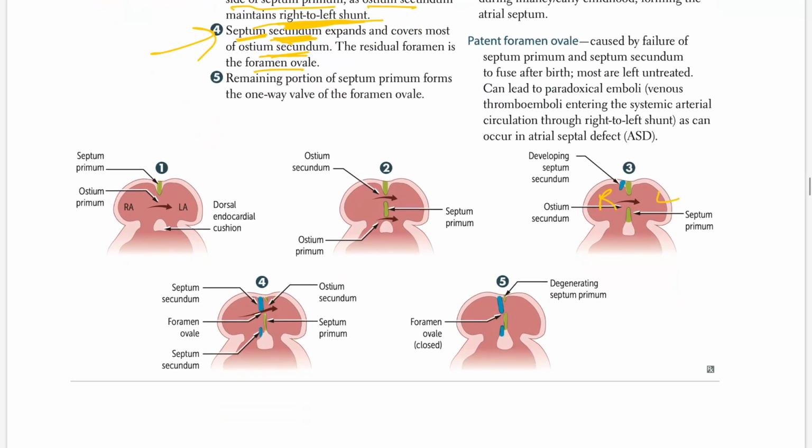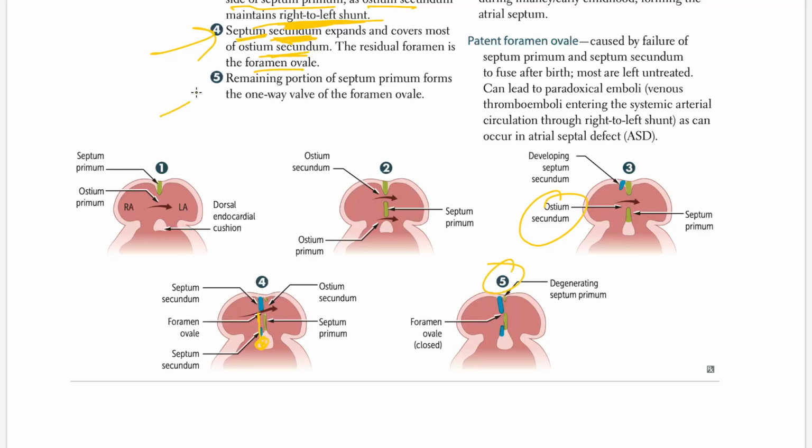So this septum is going to grow until it has grown enough that we just have a very small opening left, and instead of calling it ostium secundum, we now call it the foramen ovale because it's a very small opening. They're growing towards each other.